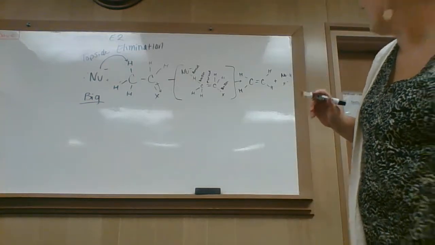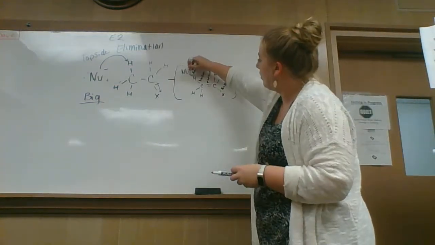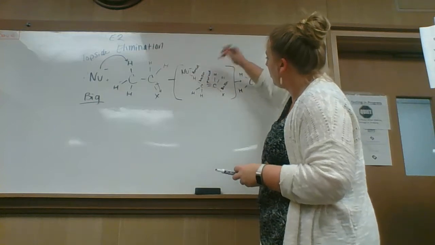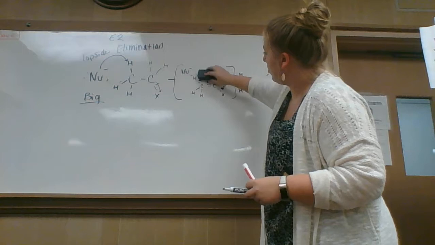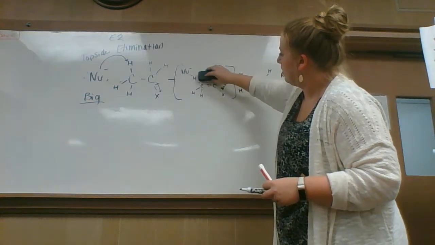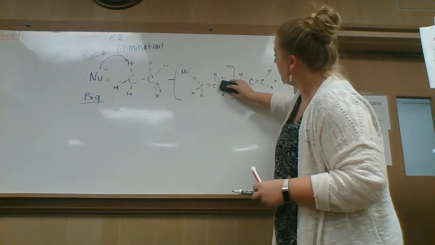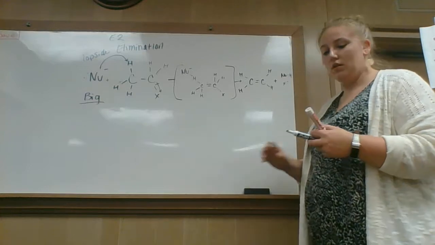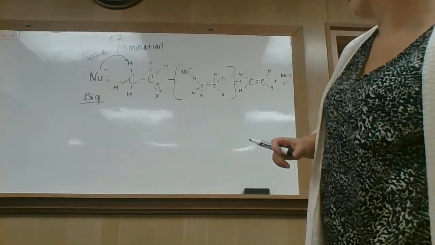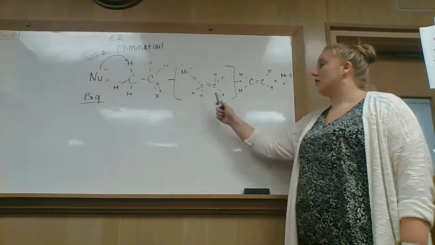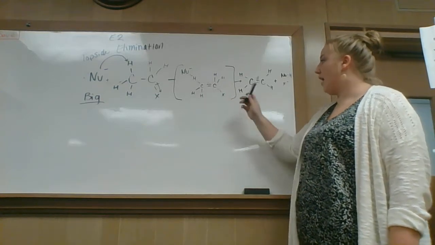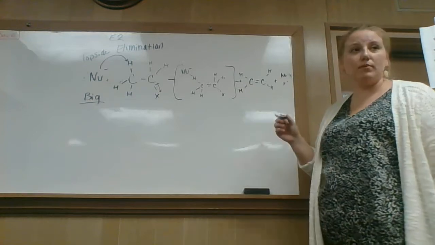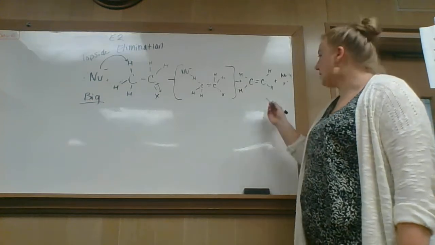Probably colors would work better. So the red bonds are formed, black bonds are being broken. So again, the removal of the hydrogen and the halogen forms a carbon-carbon double bond, which was referred to as an alkene.